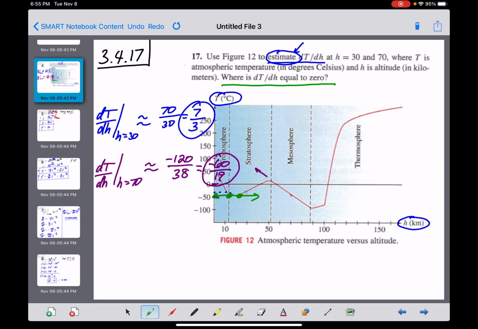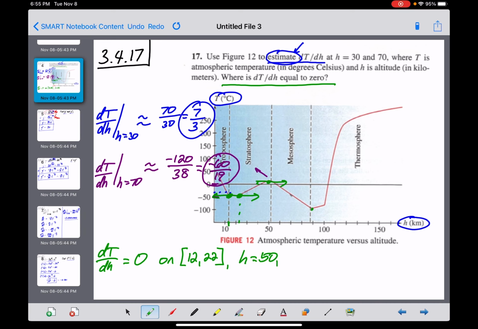So let me go ahead and try to answer this as best I can. dT/dh is equal to 0 on the interval that looks like it starts at maybe about 12, a little more than 10 but less than 20, and ending right over here at about 22. That's just a guess, but okay. I think I've got another horizontal tangent right there, at about the spot where h is equal to, yep, just about 50.